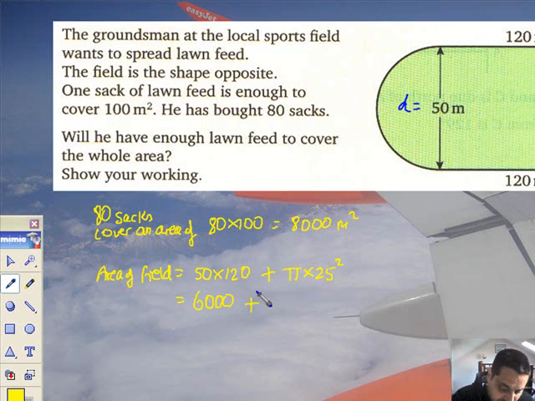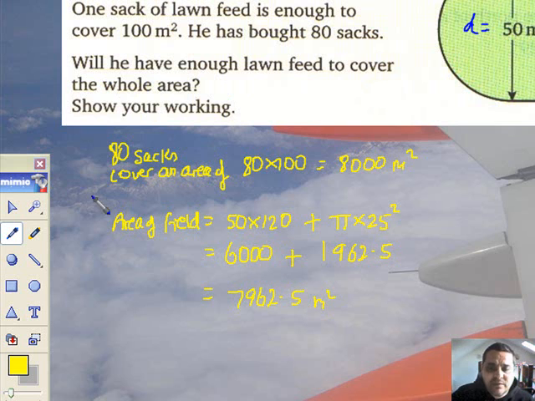So 25 times 25 times 3.14 gives us 1,962.5 meters squared. Ooh, what's the total? Oh, I can see that one. 7,962.5 meters squared.